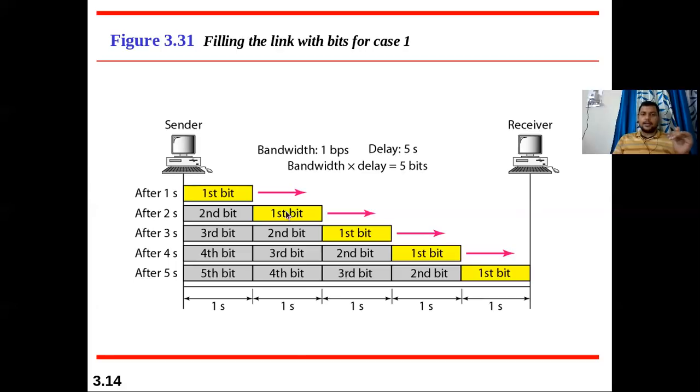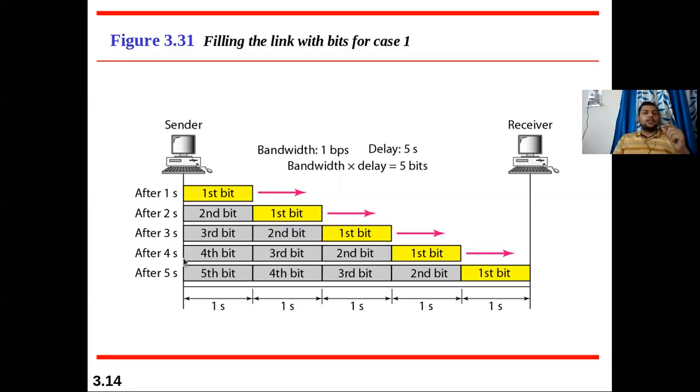The first signal has reached here, and the second signal has just started. After the third second, the sender will start generating the third signal, and till that time, the first signal is here, the second signal is here, and the third signal has just started.